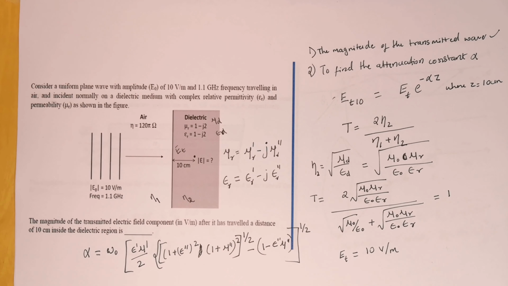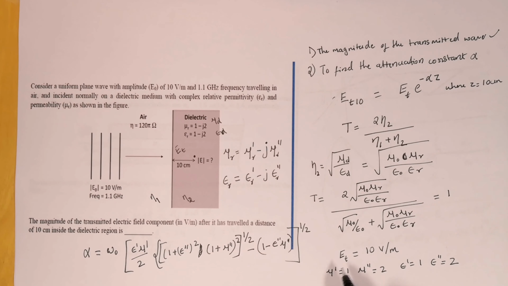So from the question we know that mu dash is 1, mu double dash is 2, epsilon dash is 1 and epsilon double dash is 2.